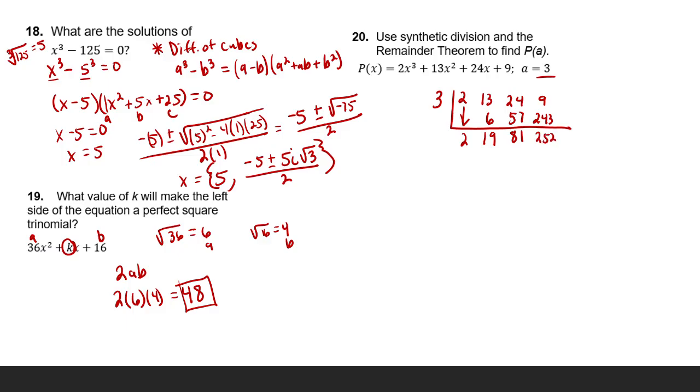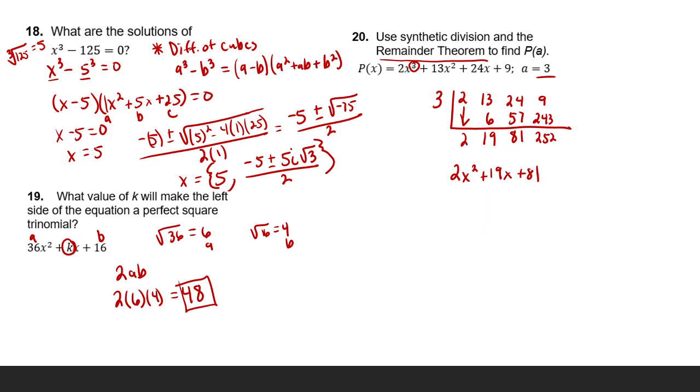Okay, and now it wants me to write it using the remainder theorem. So this is like we've done before. We're just going to go back and put our x's in, and then we have to make the remainder with the fraction. Since my highest exponent was 3, when I write my x's back in, this is going to be 2x squared plus 19x plus 81.